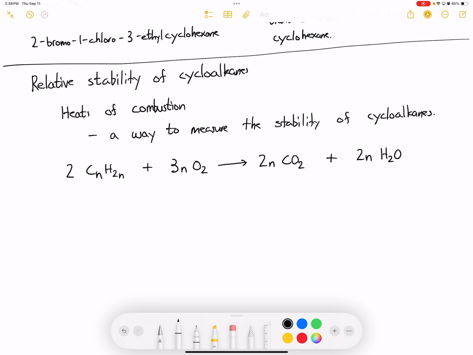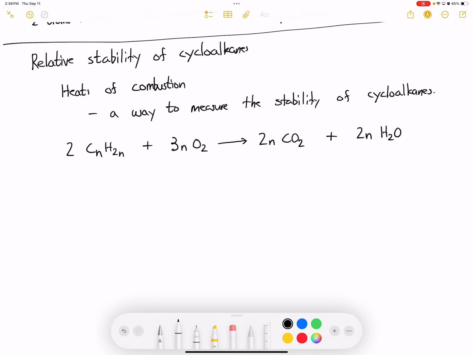So very similar, except we're missing the plus 2 for the alkane and the amount of water that's produced. We can measure these by comparing the chain lengths of propane, butane, and then pentane.